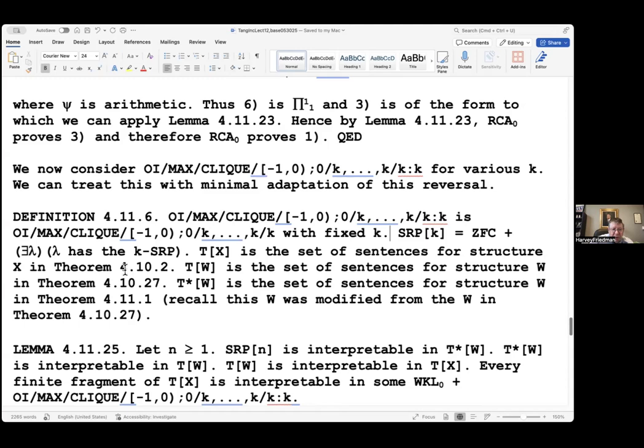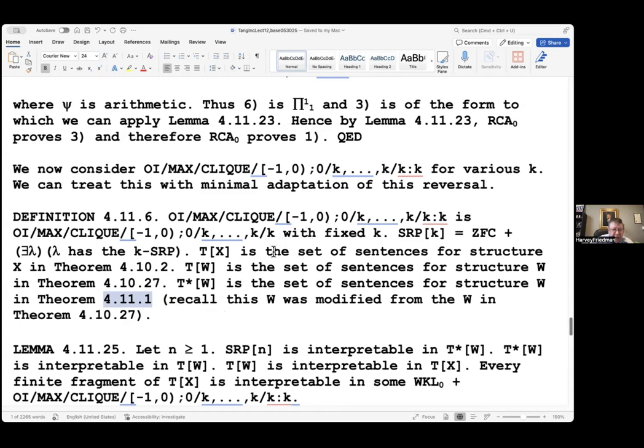All right. Now I'm going to refer to stuff in the reversal, but I don't want to really go writing these big long things in there. You can look them up. But they were these theories that were associated with these structures X, W, and a second form of W in section 10.